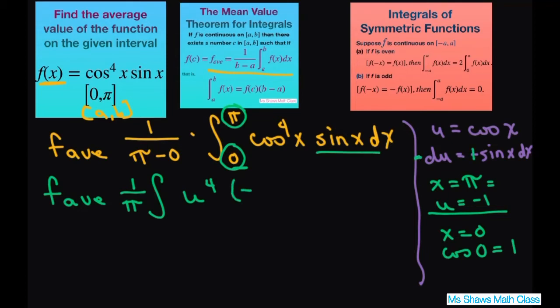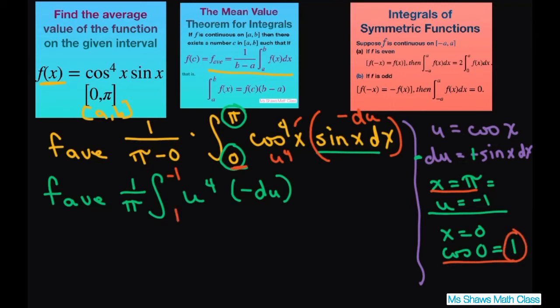So this is going to be negative du. I substituted this piece for negative du, and this was u to the 4th. And I also have to change my limits. When x is pi, our u is negative 1, and when x was 0, our u was 1.